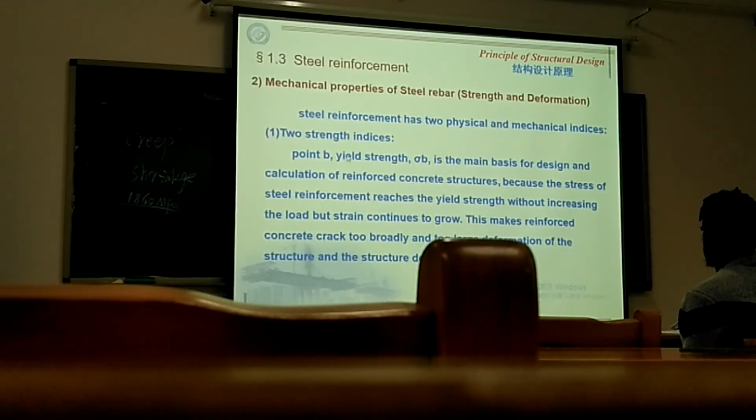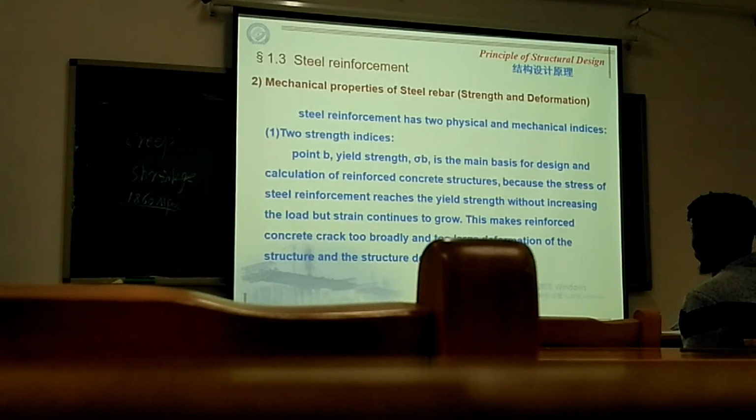So the point B, yield stress, is the main basis for design and calculation. Because the steel reinforcement reaches the yield strength without increasing the load, but the strain continues to grow. This makes the reinforced concrete crack too broadly, with too large a deformation of the structure.